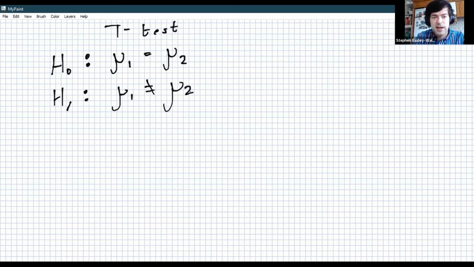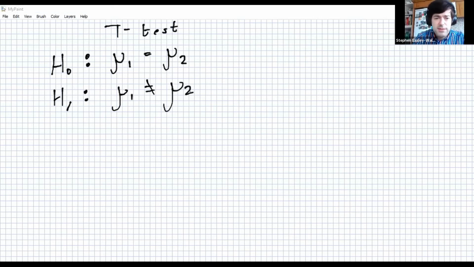So that's our hypothesis test. It should remind you a lot of the chi-squared test. In the chi-squared test, we had our chi-squared formula, and in a similar way, for our t-test, we have the formula for t.